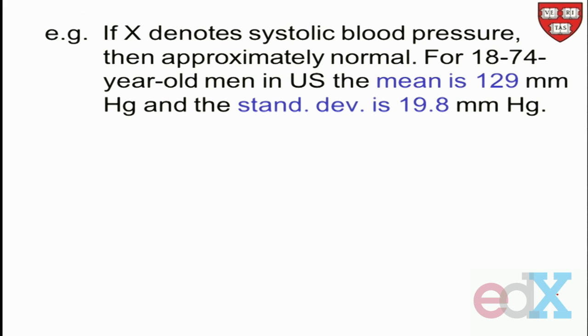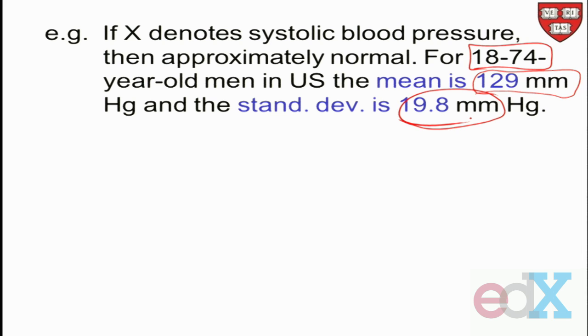Okay? So, for example, let's apply this. Suppose we're looking at systolic blood pressure in 18 to 74-year-old men in the US. Why am I looking at them? Only because I can make the statement that their systolic blood pressure is approximately normally distributed with mean 129 millimeters of mercury and standard deviation of 19.8.